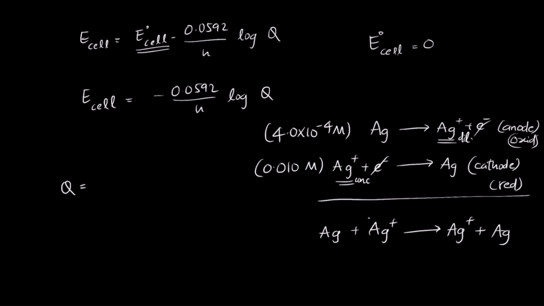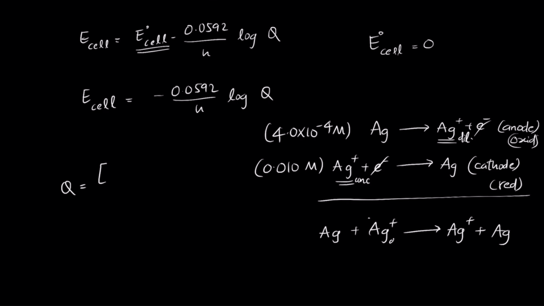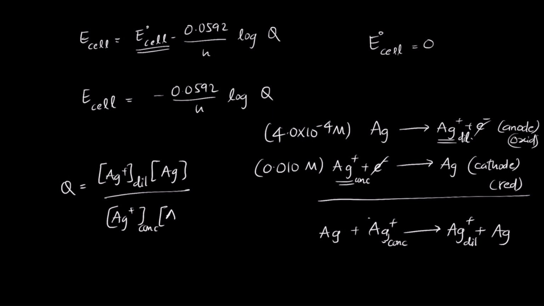We know the formula for Q. So the Q here is Ag plus dilute times Ag over Ag plus concentrated times Ag.